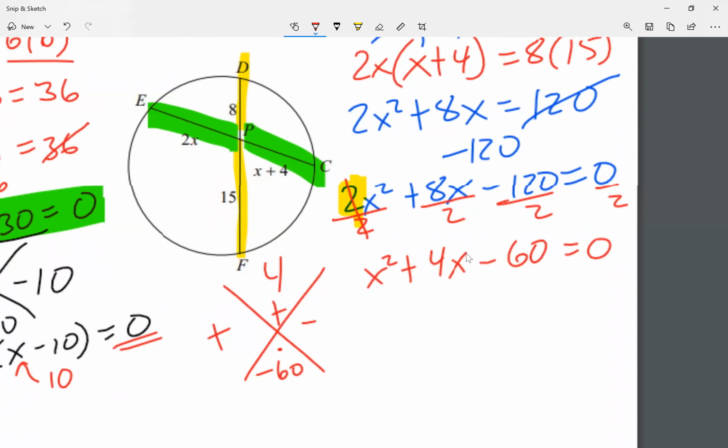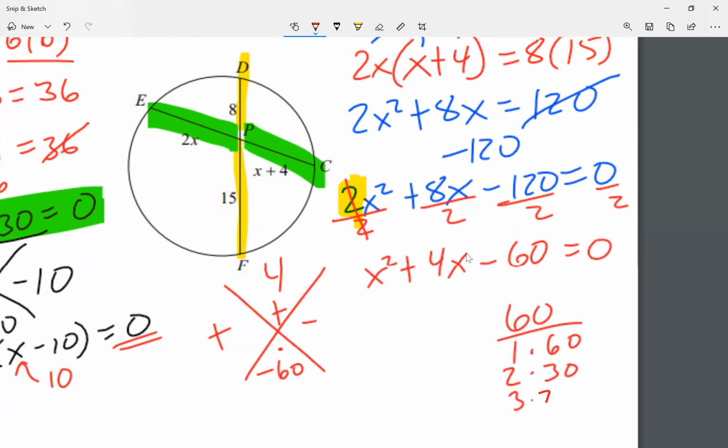What numbers multiplied equal 60? I'm going to erase that in a minute. So I go 1 times 60. If I subtract those, it's not 4. All right, 2 times 30. That one doesn't work either, because if I subtract those, it's not equal to 4. 3 times 20. It doesn't work still.